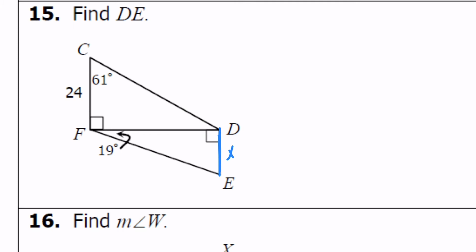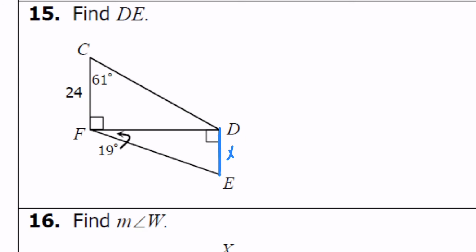Because I don't have enough info here. I don't have at least one side of this small triangle that it's on. I'm given the angle F here, or DFE, but I need at least one side. You have to look at whether you can find one of those sides. I can't find my hypotenuse, I don't have enough information.